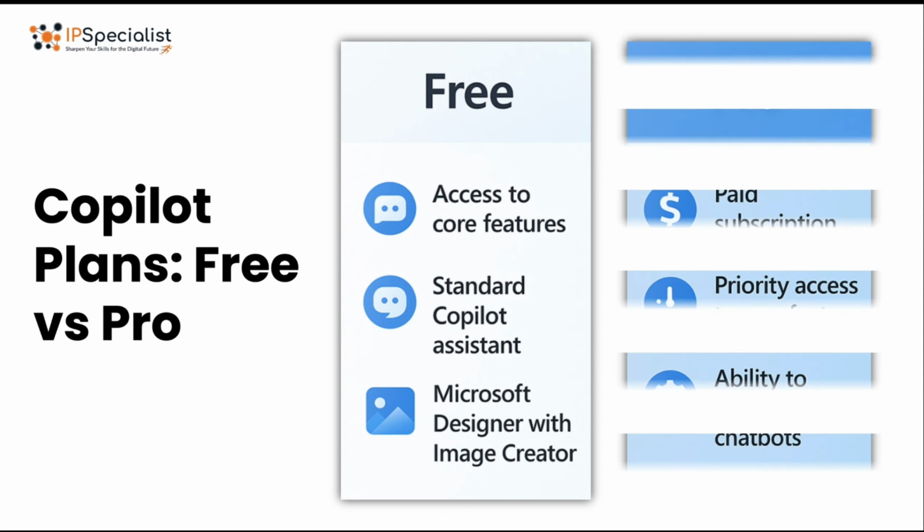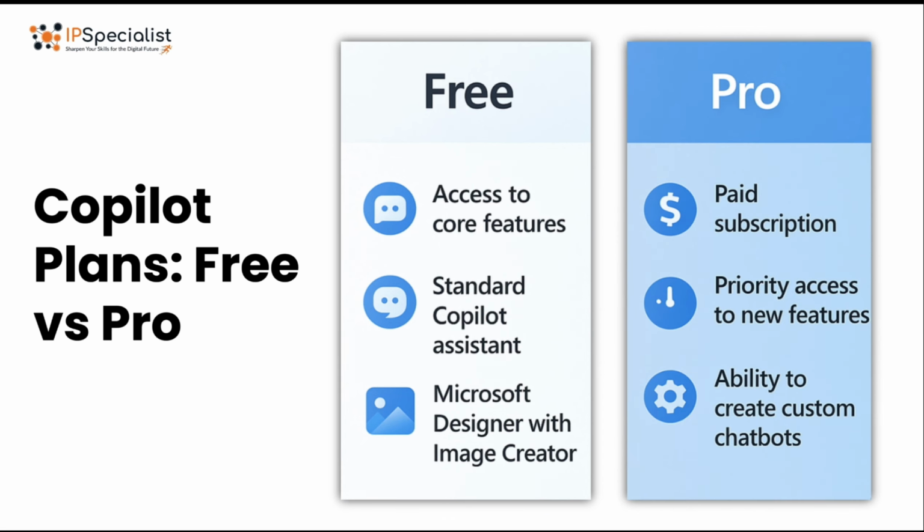And for those looking for more advanced capabilities, Microsoft Copilot Pro is a paid subscription. It gives users priority access to new features, including the ability to create custom chatbots tailored to their own specific needs. This tiered approach makes Copilot flexible, whether you're a casual user or someone who needs more control and creative power.